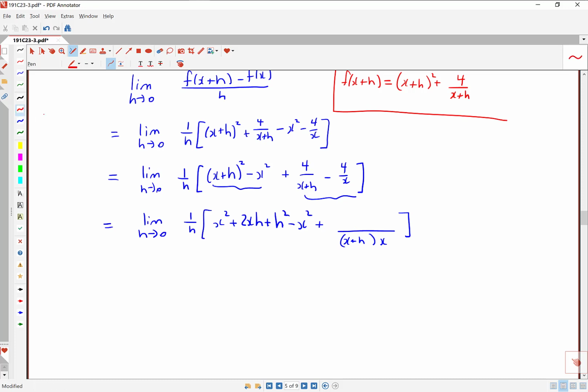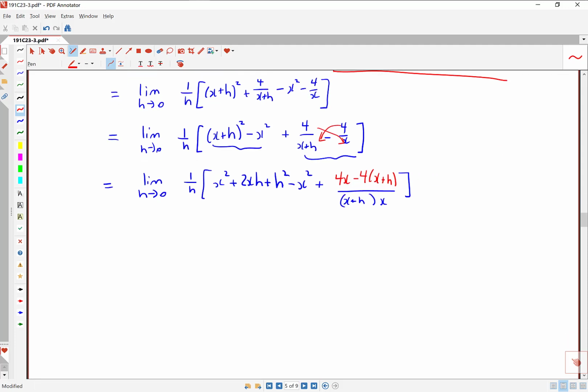And we saw from our recap there that we can just think about cross multiplying to figure out what our numerator is going to look like. So we'll have 4x, and then for the second term, it's actually a minus 4 times an x plus h. Okay, so that's the quick way to get that part done. And then let's start simplifying. So x squared and minus x squared are going to cancel, and we can start to clean this up gradually.